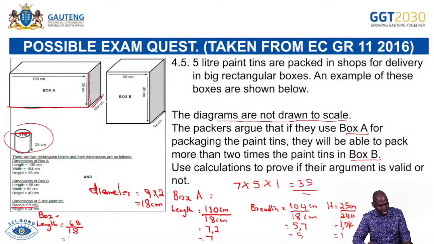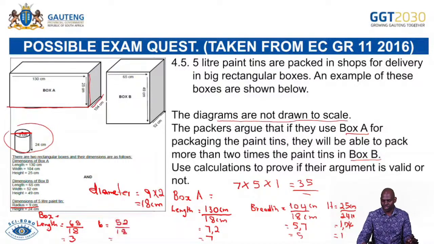So 3.6, I'm going to write 3. Okay, and then breadth, it's 52. So 52 divided by 18. Then I get 2.8, but 2.8 I can't write 3, so I have to write 2.